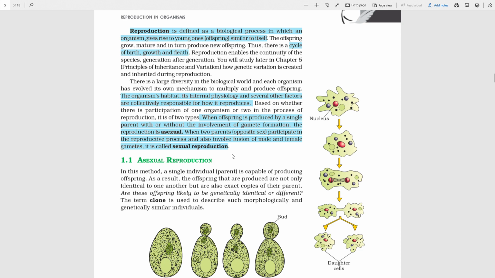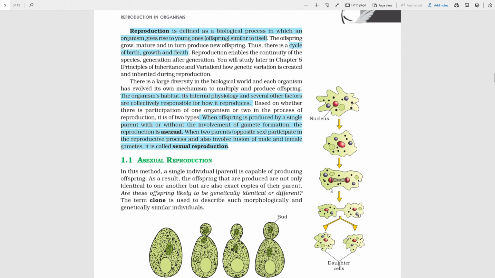As you can see in the diagram beside that, it's of an amoeba. So, the amoeba is slowly dividing its cell, its nucleus, its DNA. From one parent, the DNA and the cell body have been divided into two daughter cells. So here there is only one parent, and there is no gamete formation. It's just the formation of a constriction at this place.